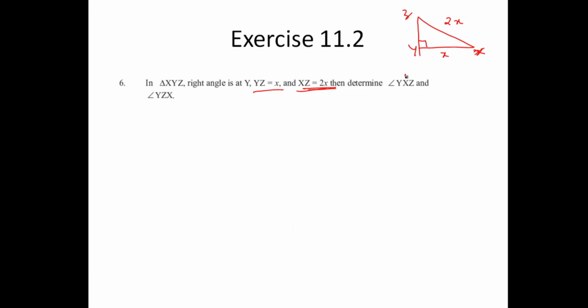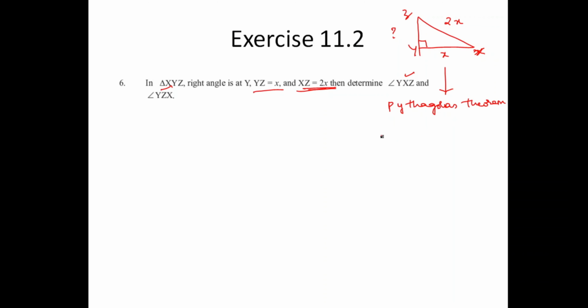Now he is asking us to find the angle X and angle Z. To do that, you should be able to find the other side also. How do we do that? To find the other side, we use the Pythagoras theorem.